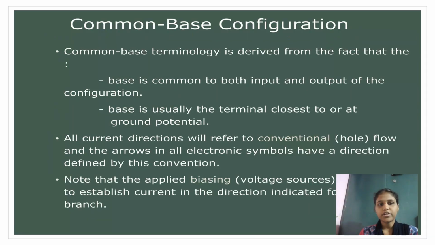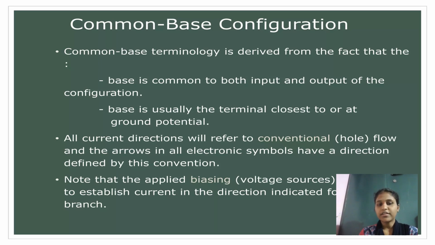Common base configuration. Common base terminology is derived from the fact that the base is common to both input and output of the configuration. Base is usually the terminal closest to or at ground potential. All current directions will refer to conventional hole flow, and the arrows in all electronic symbols have a direction defined by this convention.